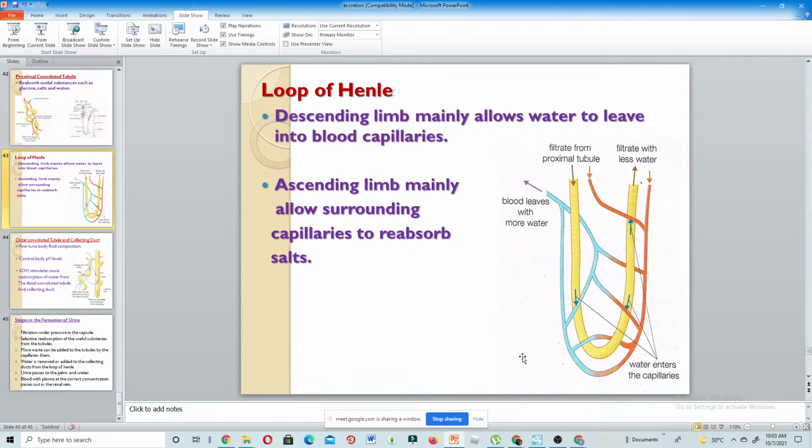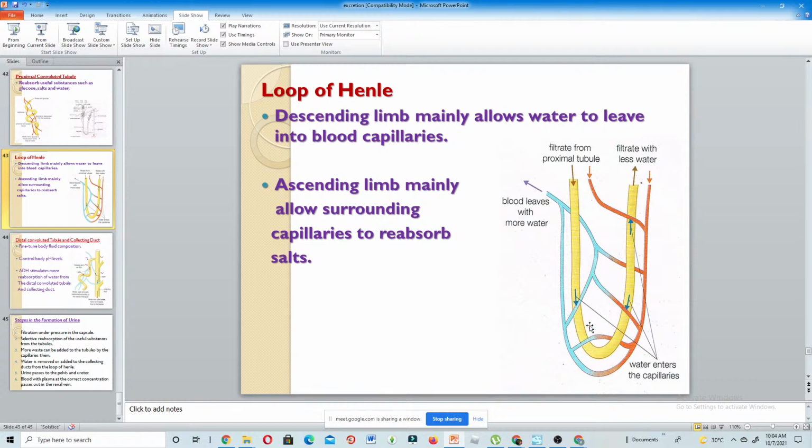In terms of the loop of Henle, you need to know which limb or which side reabsorbs water, which is the descending limb, the side on the left. You're forming that U going down, this means descending.